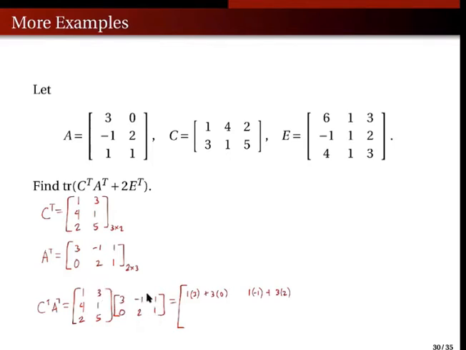So first row multiplied to third column. So you have 1, 1. 1 times 1 plus 3 times 1. So that's your first row. Second row.